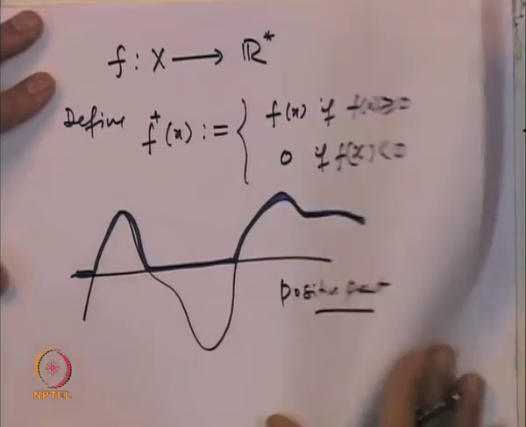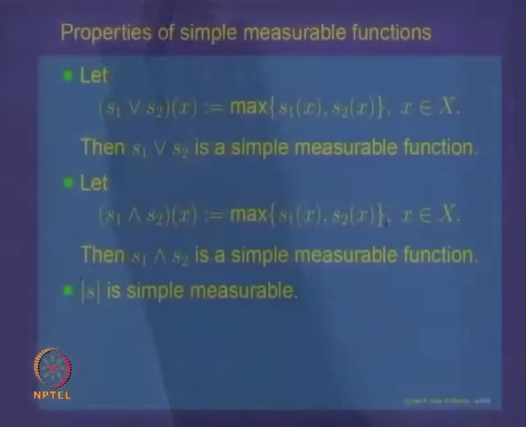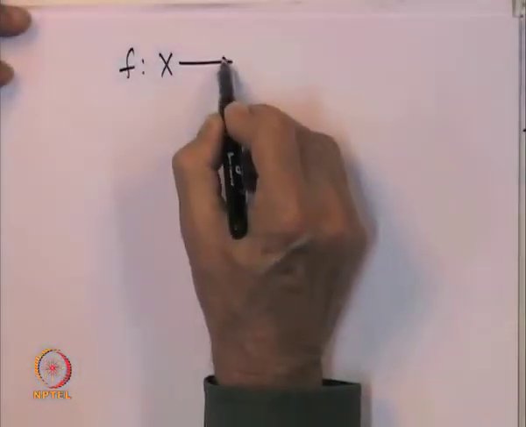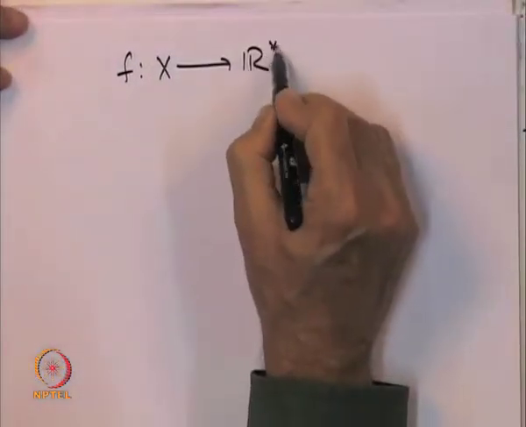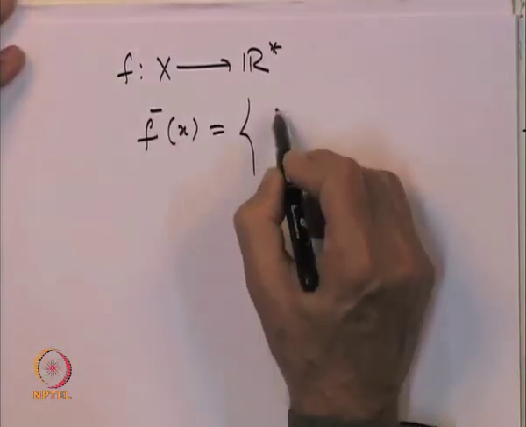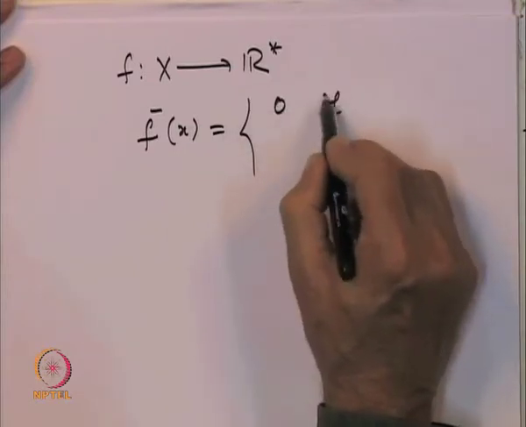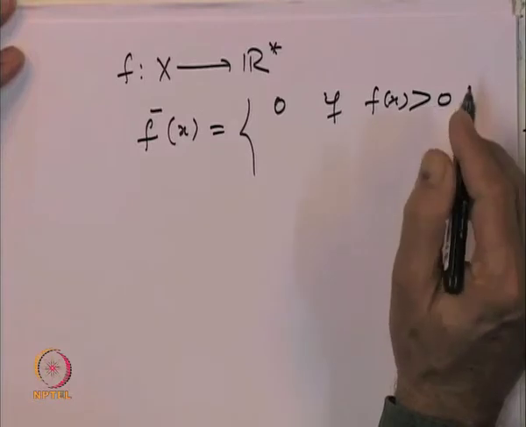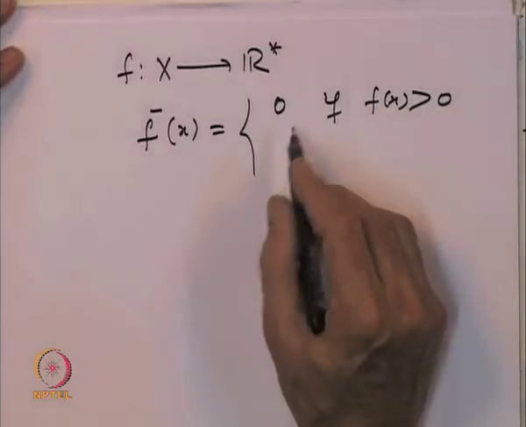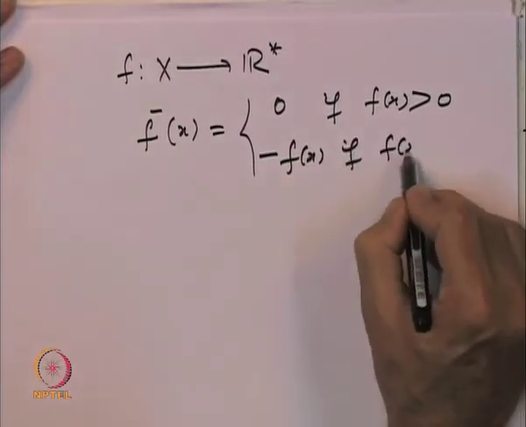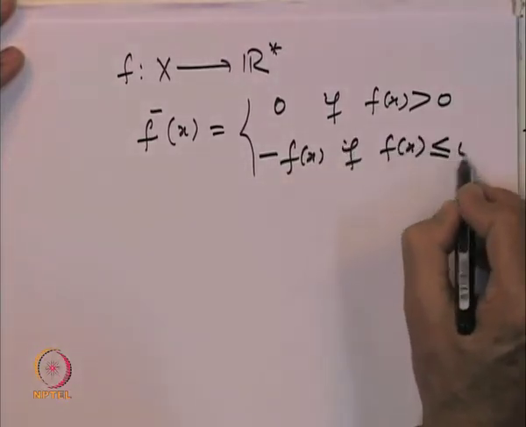Similarly, we can define what is called the negative part of the function as follows. Given a function f from X to R star, the negative part f minus of x is defined as 0 if f of x is bigger than 0. As soon as it becomes positive, we make it 0, and we make it equal to minus of f of x if f of x is less than or equal to 0.